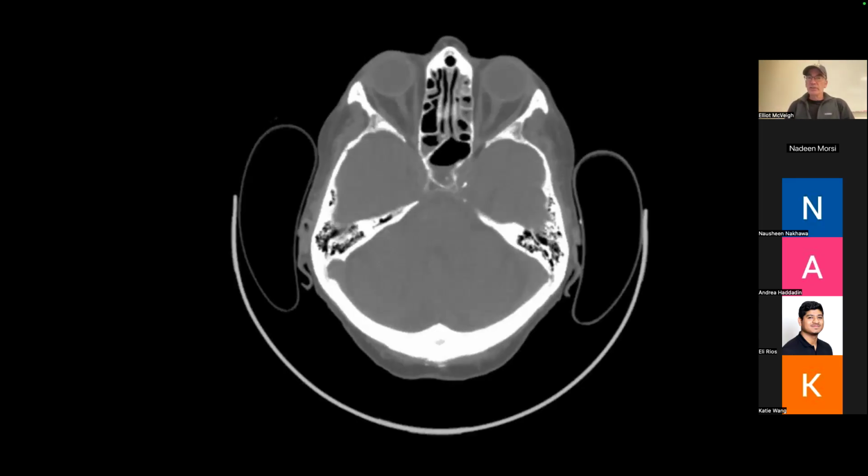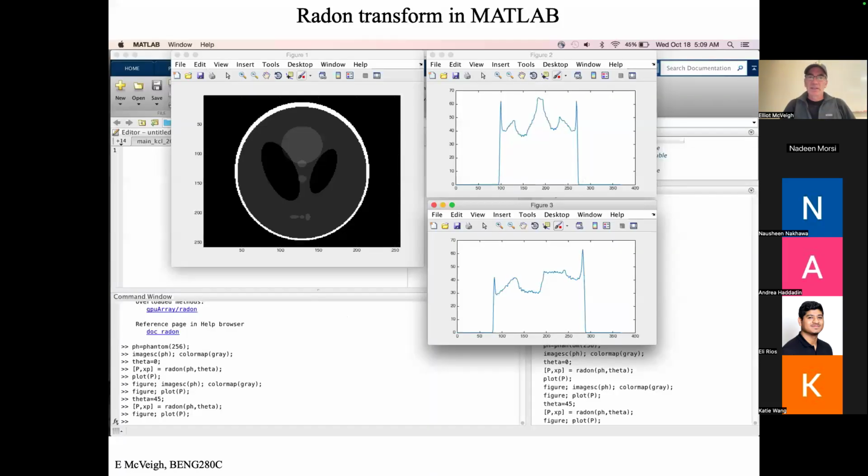So this is convolution back projection. First, you take your raw projections and convolve them with the Fourier transform of the Ram-Lak filter, or a different kernel. Some of you will have projects that involve different kernels that change the smoothing of this processing. And this again is just pointing to that MATLAB program.